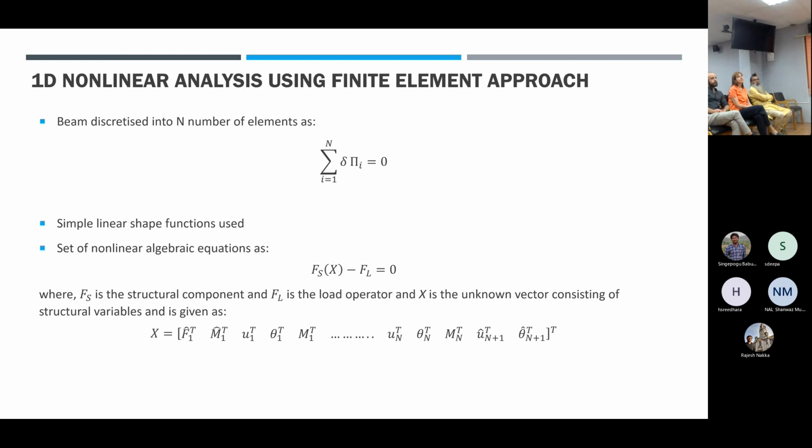Now the beam is discretized into n number of elements. By using some simple linear shape functions, we can get a set of nonlinear algebraic equations, where we'll have the structural component and the load operator, and x is the unknown vector containing all these structural variables, which is given as follows. Here u, theta are the displacements, and f and m are the forces and moments for different elements.